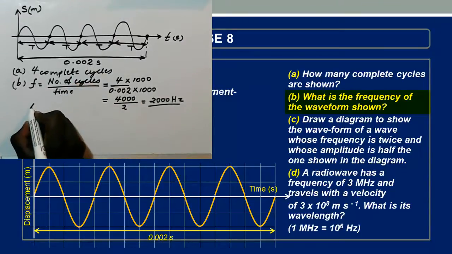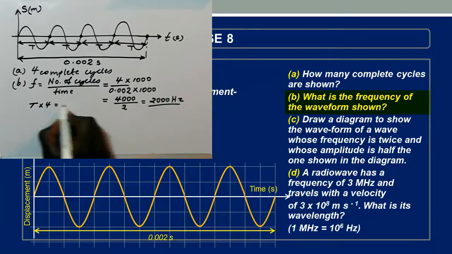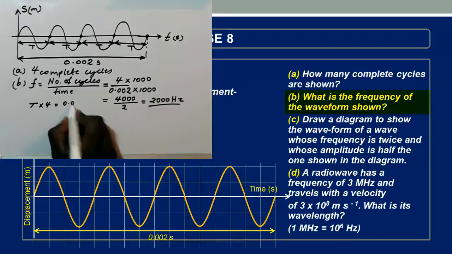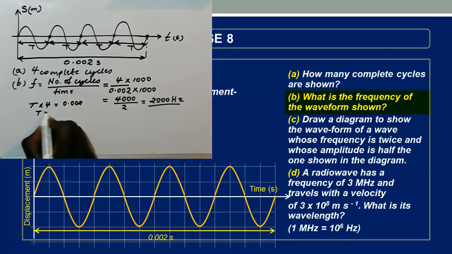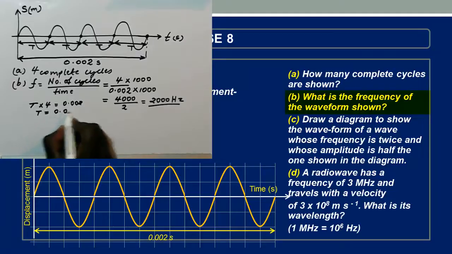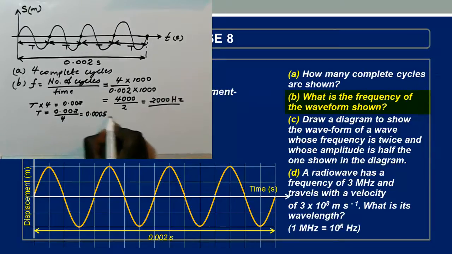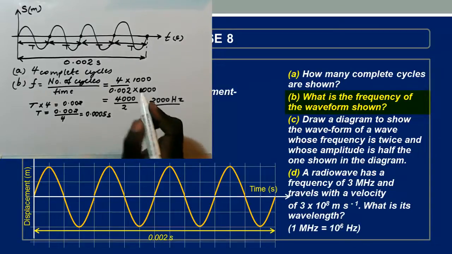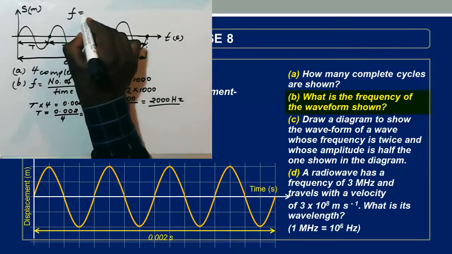So T times 4 gives us 0.002, and in order to get T, we'll get 0.002 divided by 4, and that will give us 0.0005 seconds.